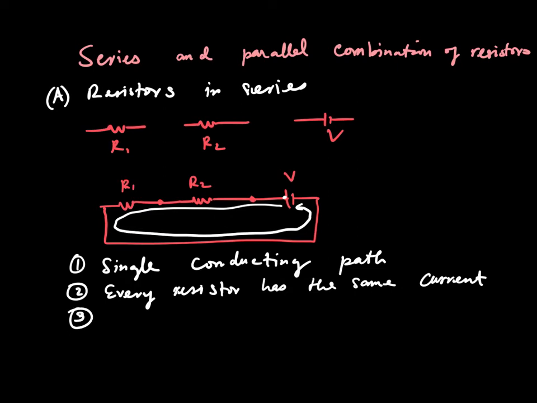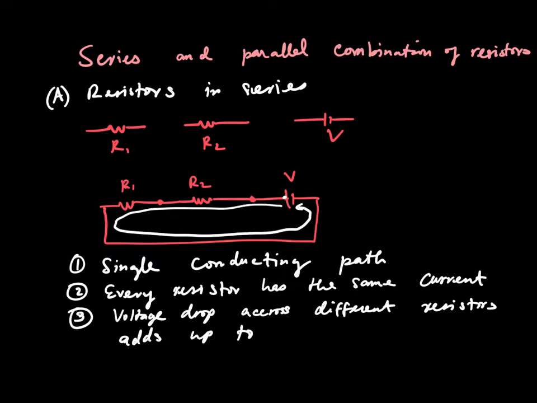A third characteristic is that the voltage drop or potential difference across different resistors adds up to that of the source.